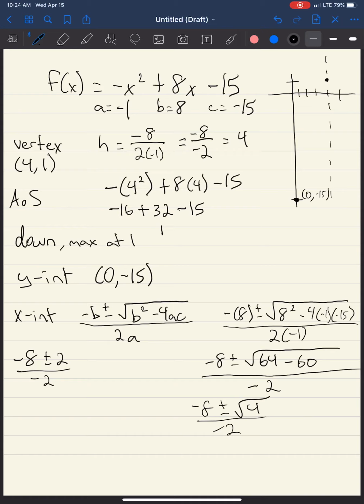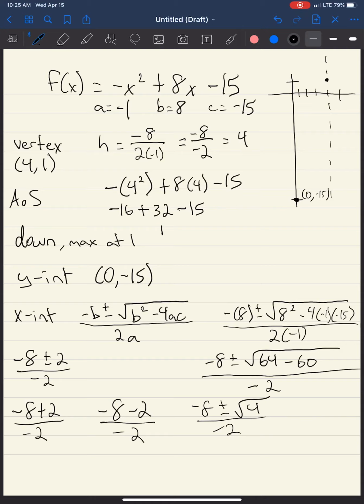So now that I'm here, I need to split this up into two problems because of this plus or this minus right here. So I'm going to do negative 8 plus 2 over negative 2 and negative 8 minus 2 over negative 2. So negative 8 plus 2 is negative 6.